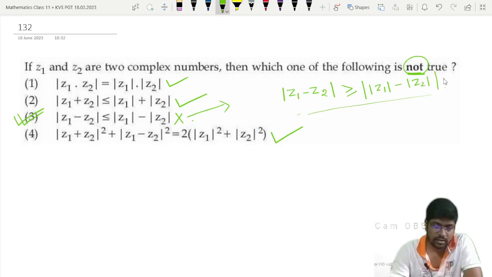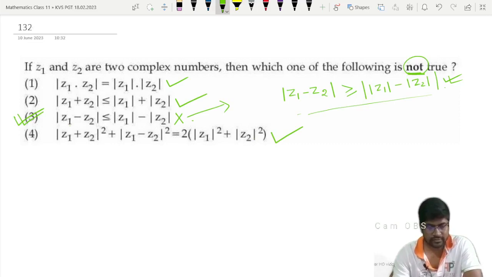So this relation you should check. Without knowing this relation also we can find out the correct option by the method of elimination of the options. So for question number 132, option 3 is the correct option.